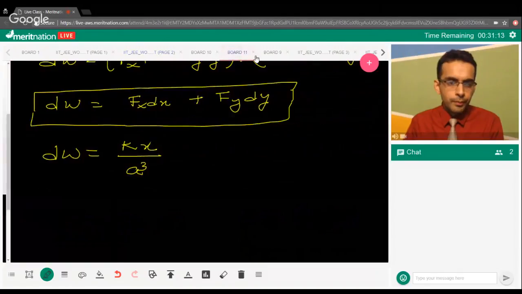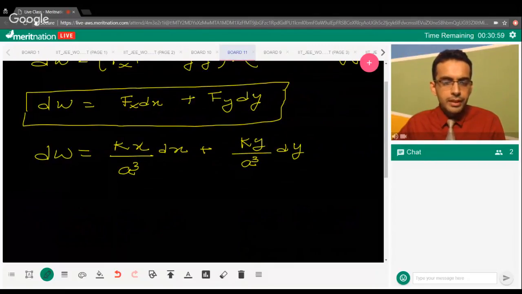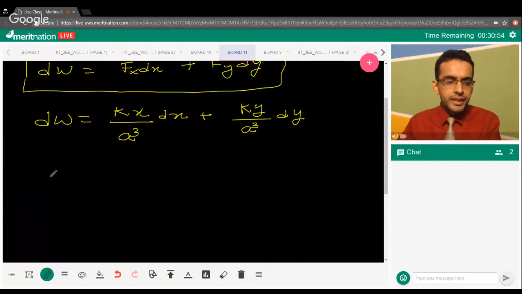So into dx plus ky divided by a cube into dy. This is a small amount of work done. Now we have to integrate this.